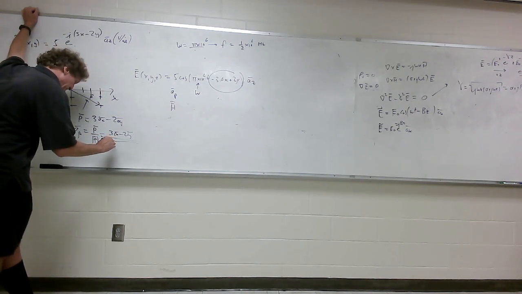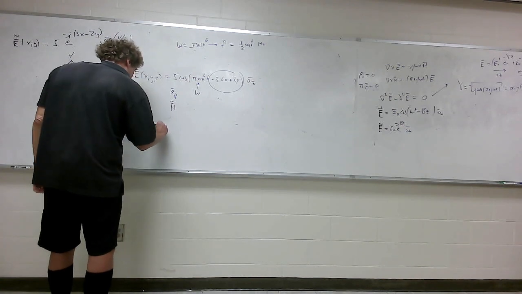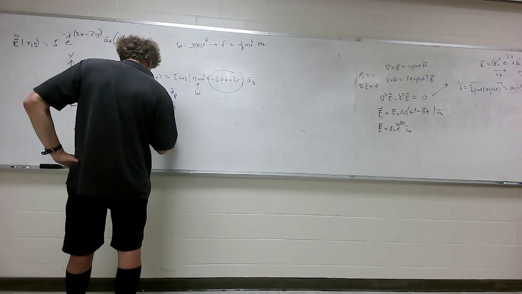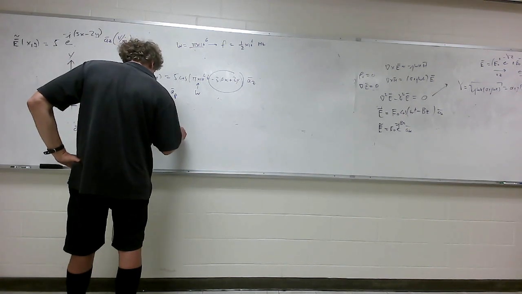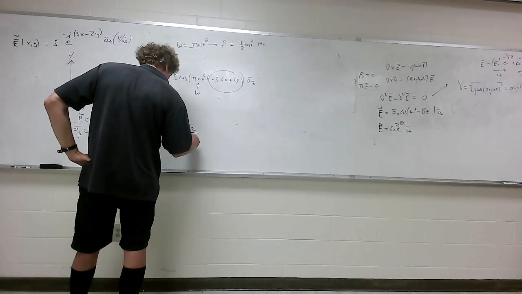So it's going to be the square root of 13. And that means a unit vector in the direction of propagation for this one is going to be 3 over the square root of 13 a_x minus 2 over the square root of 13 a_y.